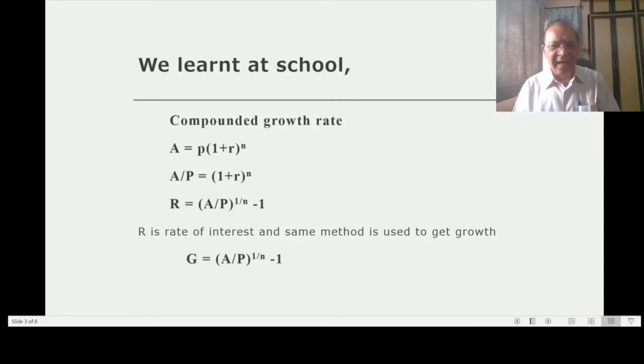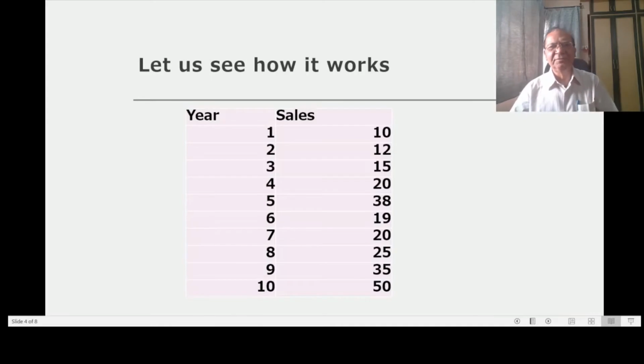To calculate R, we take out all these things and it comes out to be (A upon P) raised to power 1 upon n, minus 1. So if we use G instead of R, we can calculate G, which is our compounded growth rate, that is (A upon P) raised to power 1 upon n, minus 1. So people use this method to calculate the compounded growth rate.